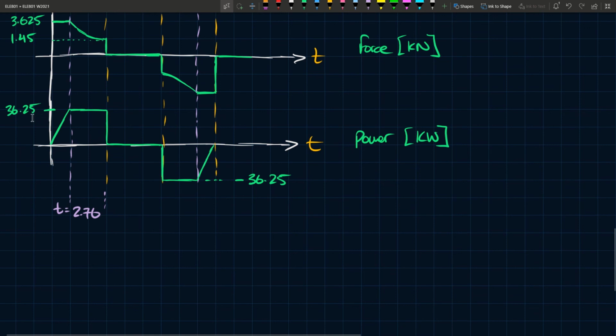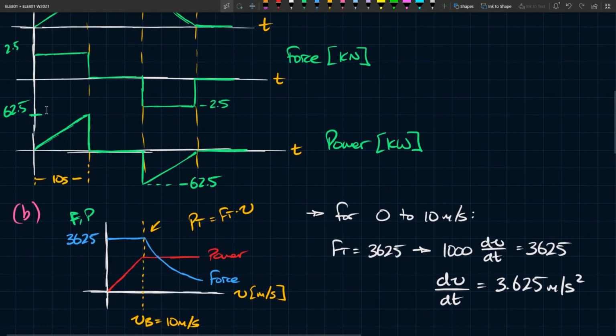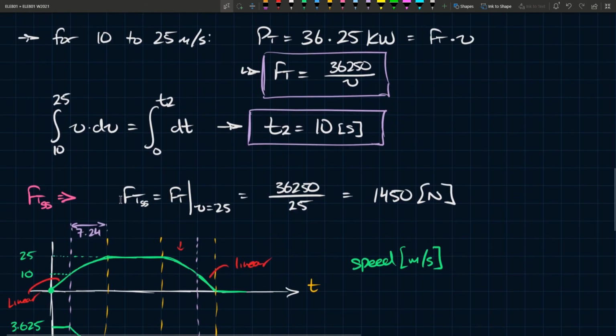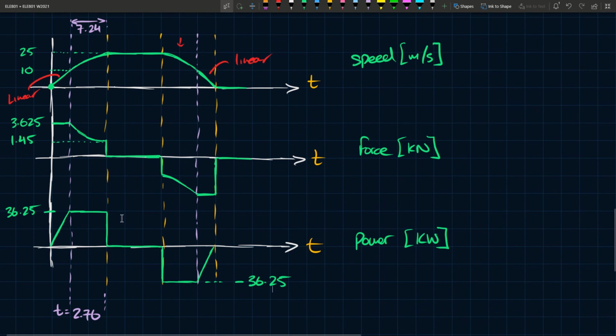So you need 36.25 kilowatts. Let's say you want to give a 20% margin, you would need like 45 kilowatts in this case. And in this case, 62.5 with a 20% margin would be close to 75, ish. A 75 kilowatt motor in this case versus a 45 kilowatt motor in this case.